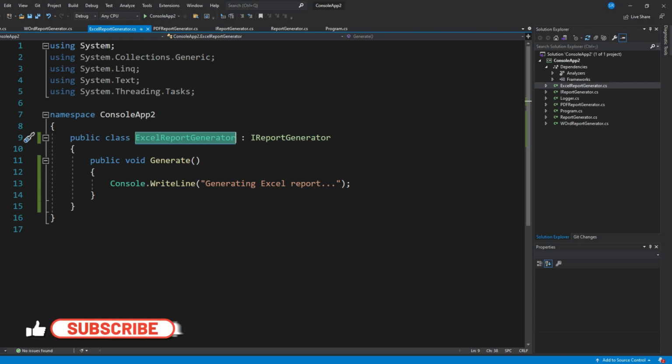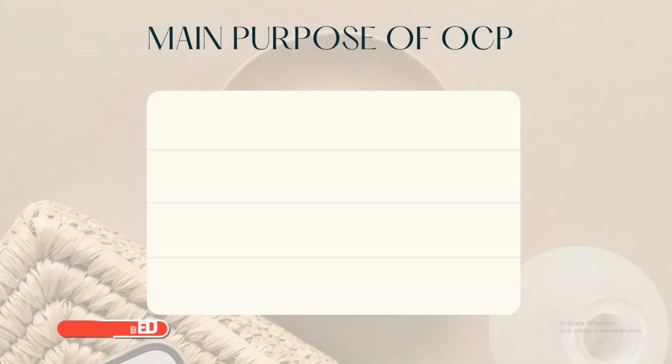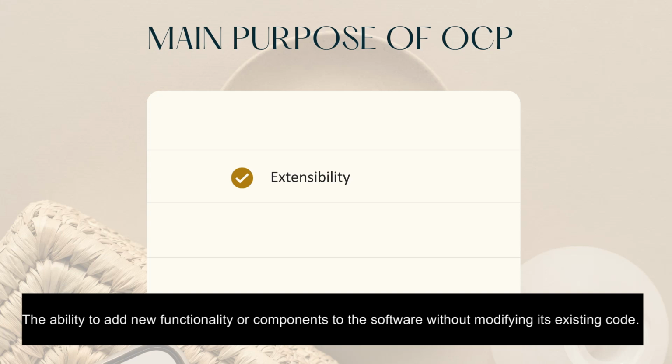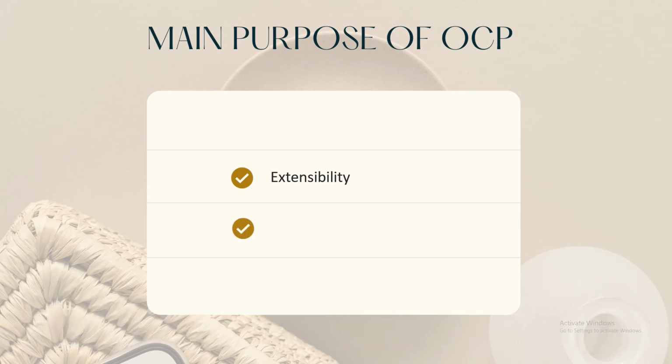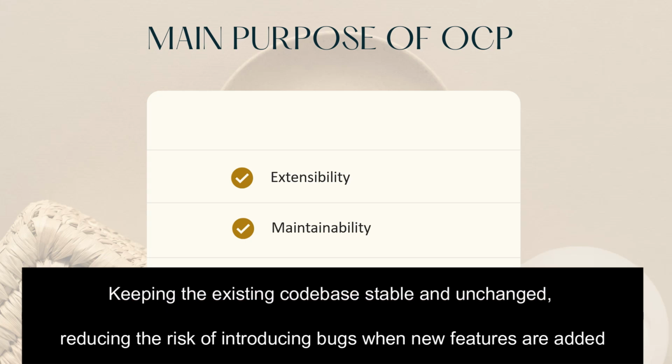However, the key aspect to understand here is that the open closed principle is fundamentally about achieving two main objectives. First one is extensibility, which means the ability to add new functionalities or components to the software without modifying the existing code. And the second one is maintainability, keeping the existing code base stable and unchanged, reducing the risk of introducing bugs when new features are added.